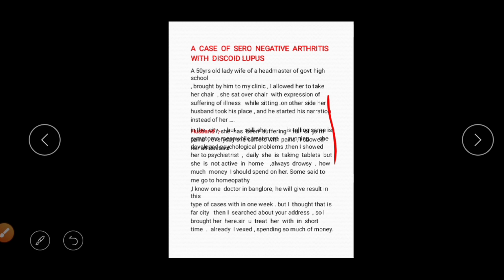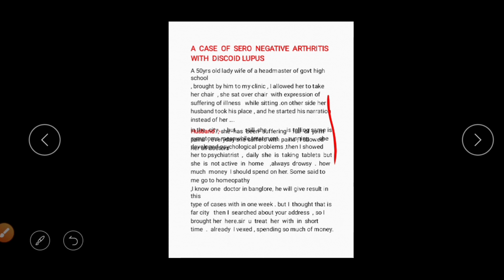The husband told like this: she has been suffering from full body joint pains for so many years. I showed her to all the doctors in the city, but still she is telling the same symptoms.